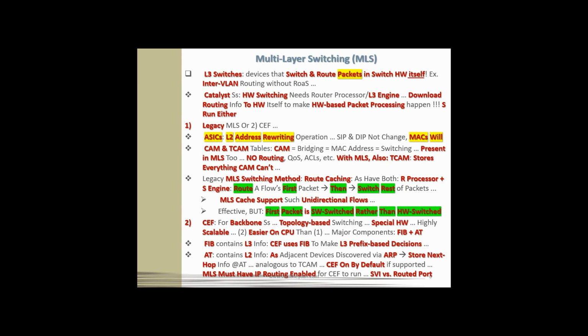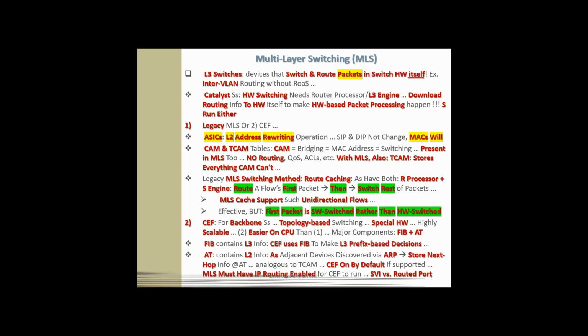So with legacy MLS scenarios, we have the notion of CAM and also TCAM to store information that an ordinary CAM table cannot, and that information includes quality of service and access control list information.